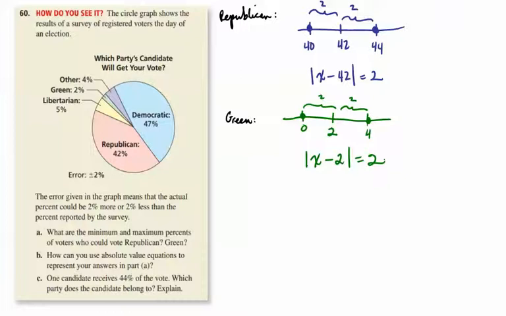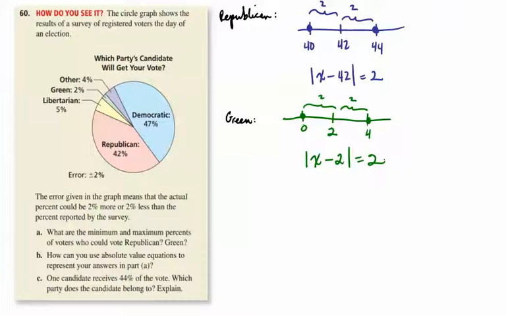Now one candidate receives 44% of the vote. Which party does the candidate belong to? Well, we know right away that it could not be Libertarian, green, or other. The candidate is either a Democrat or a Republican.